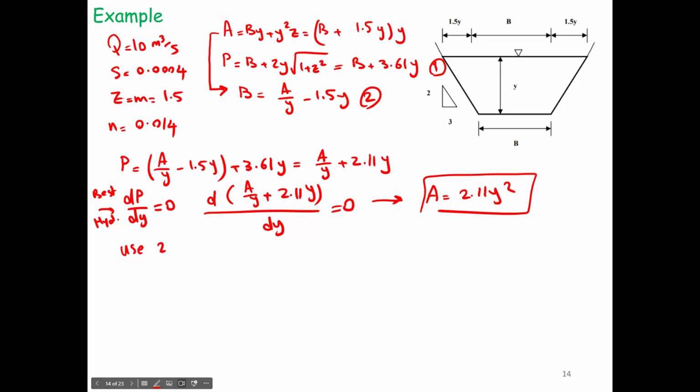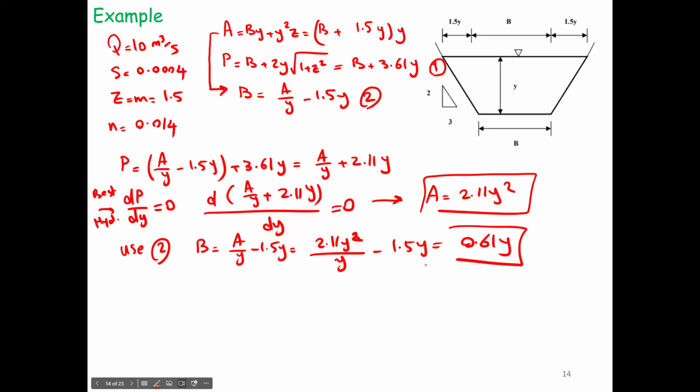Use equation number 2 because I want to see what will happen to B. B is area over Y minus 1.5. Instead of area, I will write the one that I have right now, minus 1.5Y, and I will have 0.61Y. So I have this one, and probably I need R as well, because I'm going to use Manning. 2.11 Y squared over, did I calculate P somewhere?